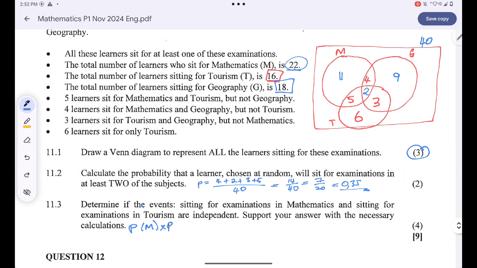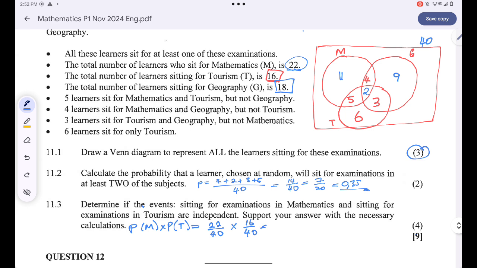Okay, so now let's find the product of the 2 probabilities. The probability of a learner taking maths times that of a learner taking tourism. Ne? I have 22 learners who are taking maths, so that's 22 over 40. And then I have 16 learners taking tourism, that's basically 16 over 40.